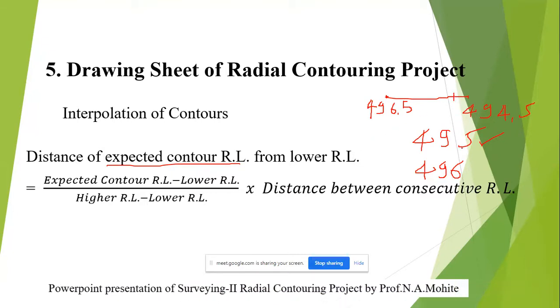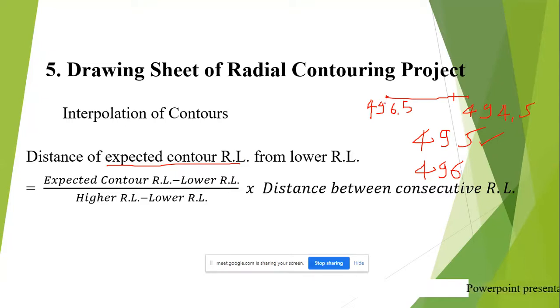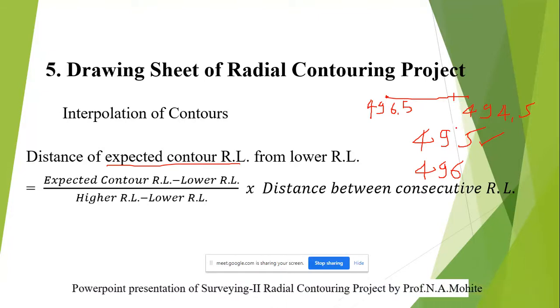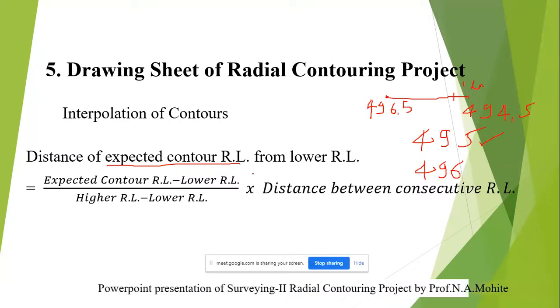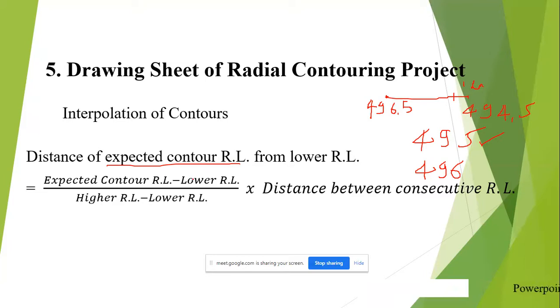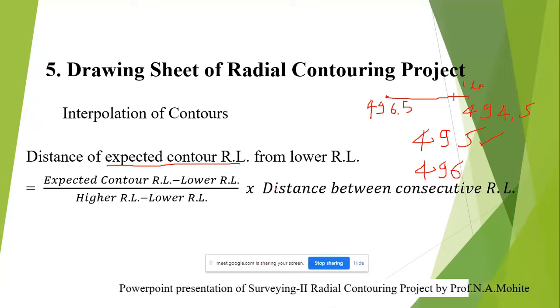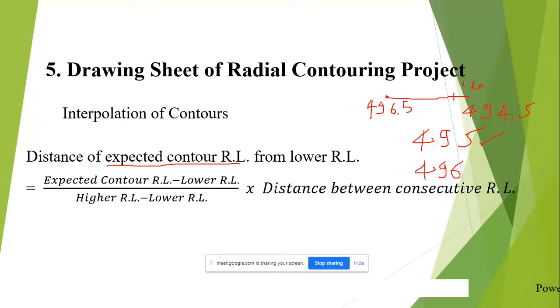Suppose on the ground it was 5 meters, on the sheet it will be converted to a smaller one, and after calculating it comes out to 1 centimeter. So I plot it from the lower RL. You can calculate the distance from the higher RL also. The only change in the formula will be higher RL minus expected contour RL. The rest of the formula will remain the same. I'll show you in the video how the interpolation of the contours is done.